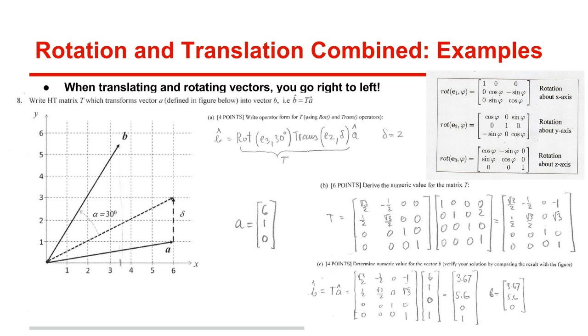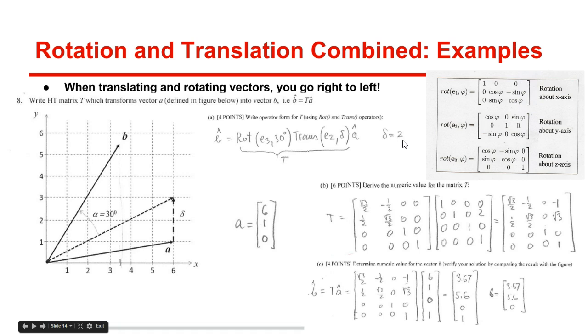Always. So in this case, when you have the vector A, which is 6 units in the x direction and 1 unit in the y direction, so here's the 3 by 1 vector, you take that value, this is right to left, you translate it in the y direction first by a distance of delta.